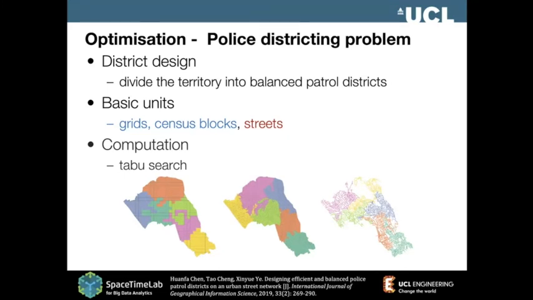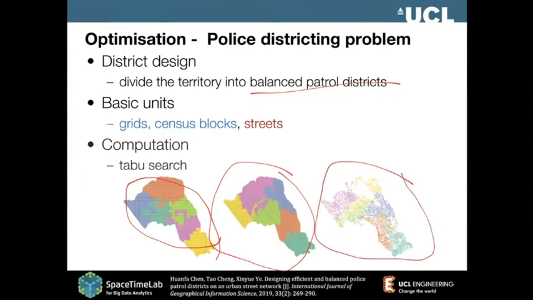The first problem is how we balance the patrolling districts. Conventionally, it is grid-based or area-based, and again we move to network-based. In this way, the networks are divided into several different colors, meaning the patrol areas.